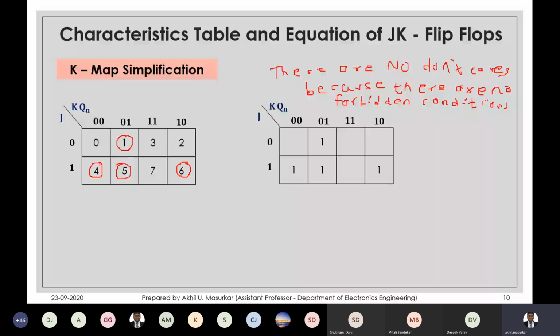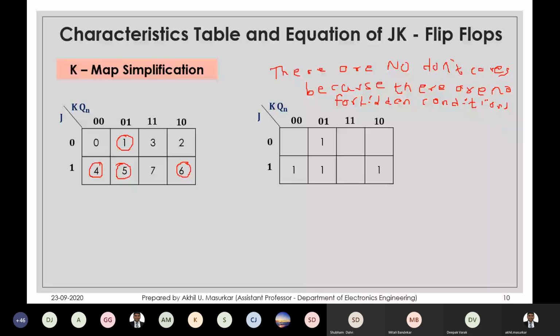Can you tell me the characteristic equation by solving this K-map? Can you post the characteristic equation? Okay, Omkar has posted it: J Qn bar plus K bar Qn.